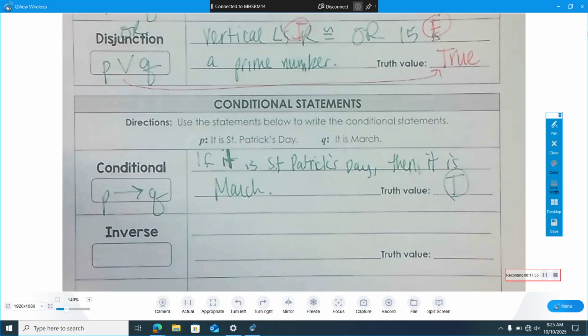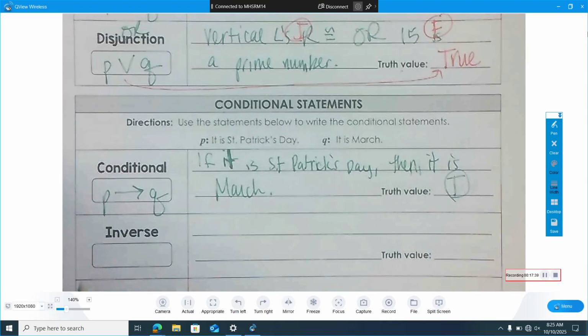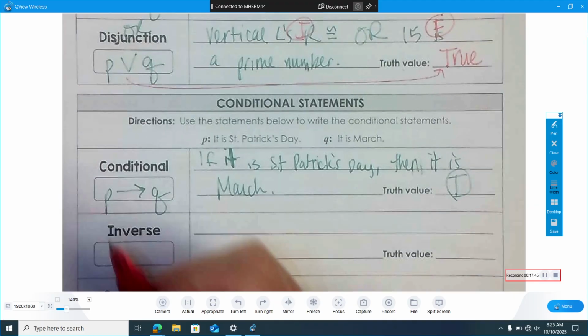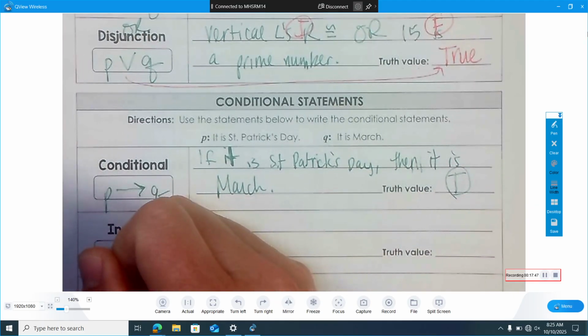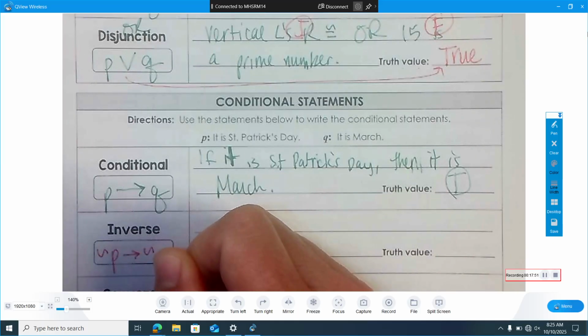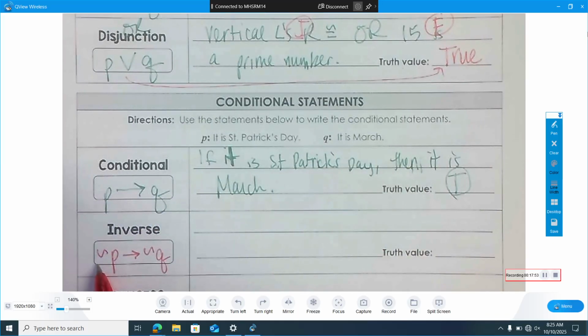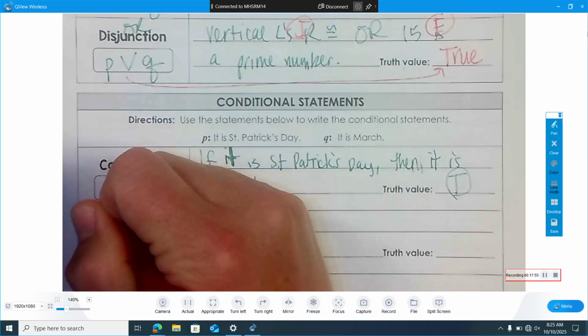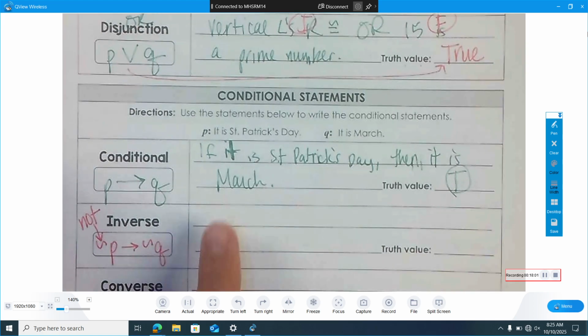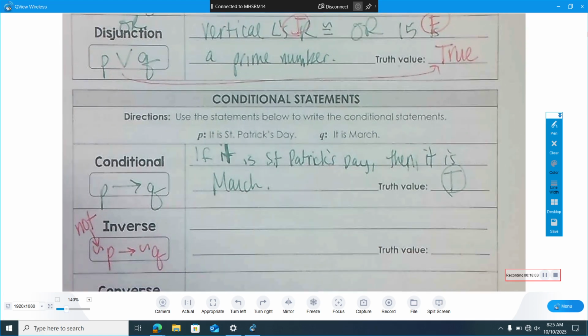All right. Inverse. What does the inverse do to the conditional? Not. Yeah, inverse inverts the P and Q, and invert just means the opposite. So this is not, remember that's what that little squiggle means, not P and not Q. So what do we need to do to our P and Q?